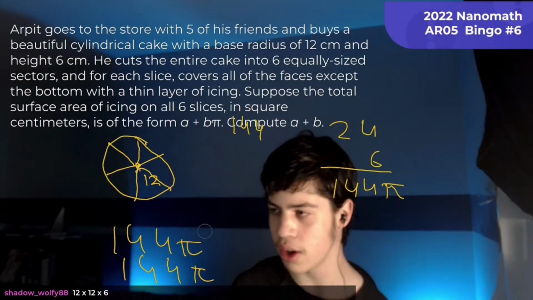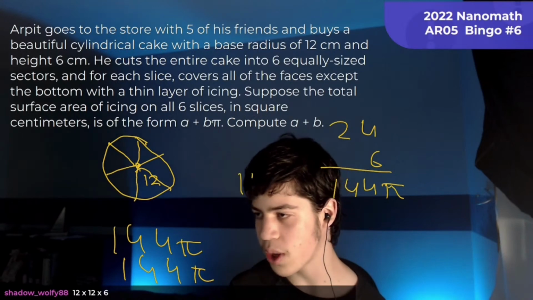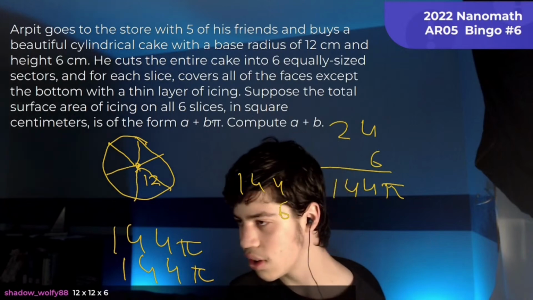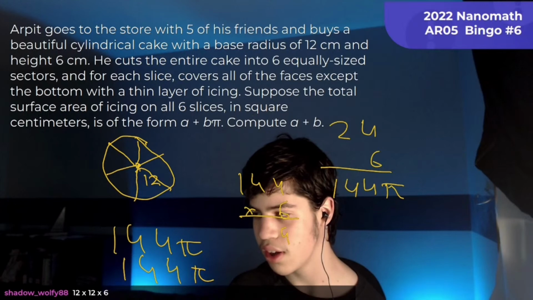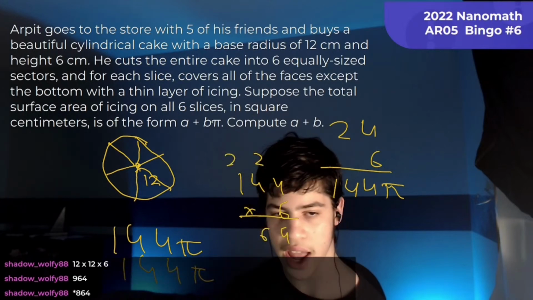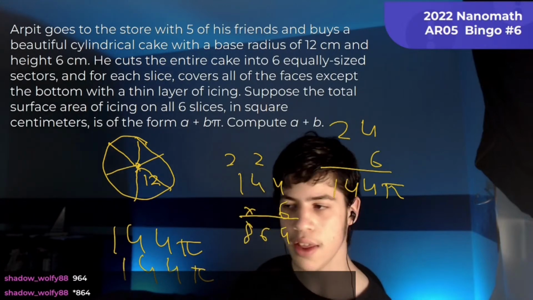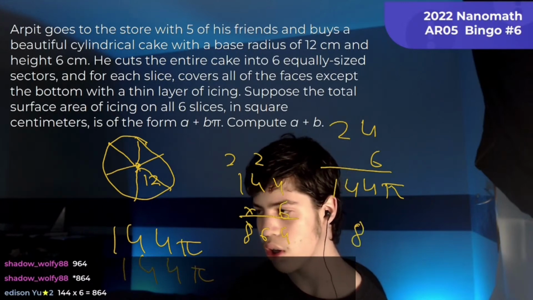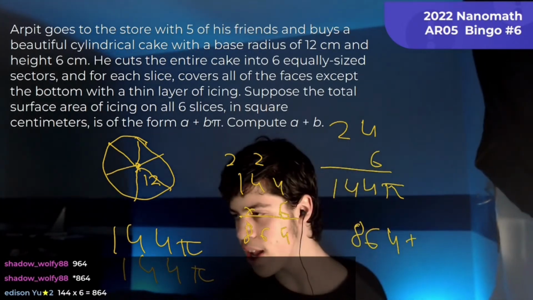As usual, I'm writing on the question. 144 times 6, what would that be? Let's test my multiplication skills. 864. Thank you. So the total surface area would be 864 plus 288 pi.